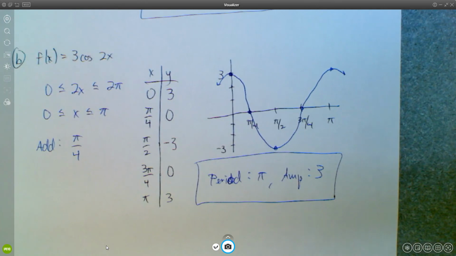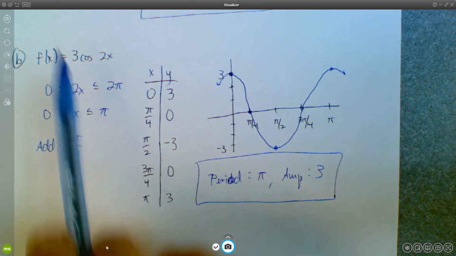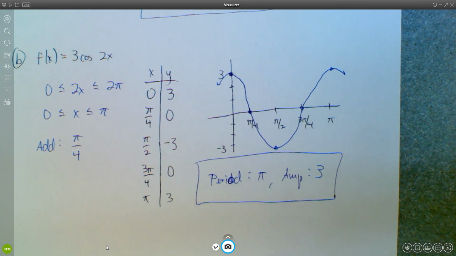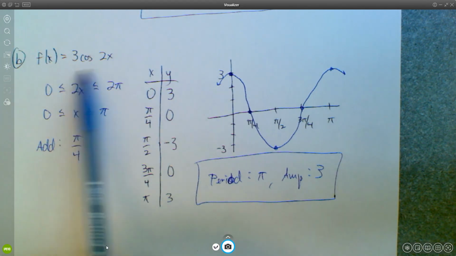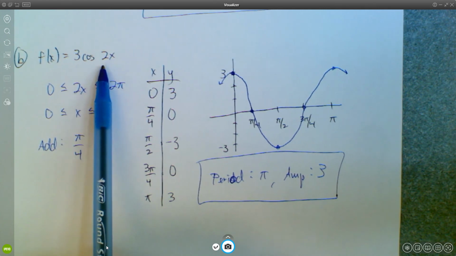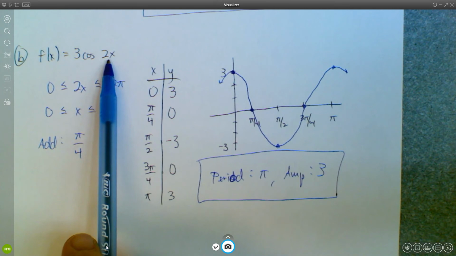Now, by the way, in case your intuition is still struggling to catch up, sine and cosine usually have a period of 2 pi. So the period of some kind of transformation of that function is going to be, you divide by whatever number you're multiplying x by. Okay?